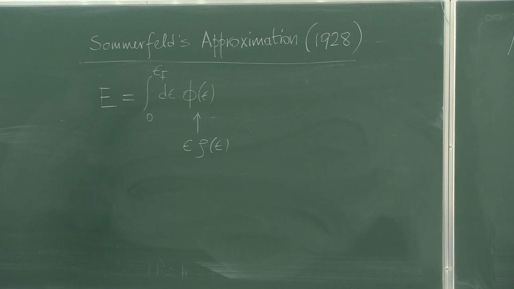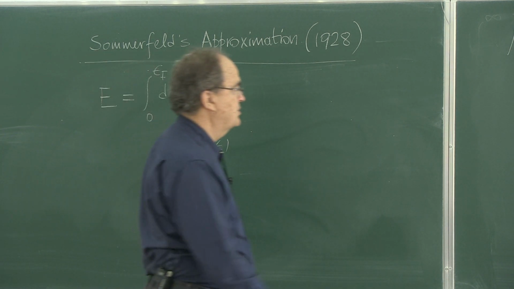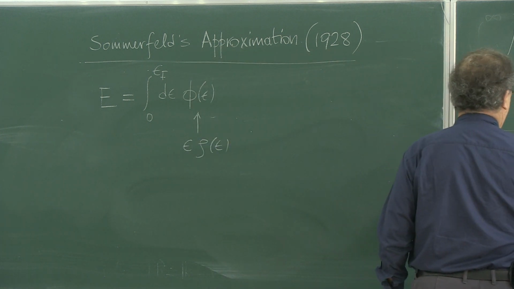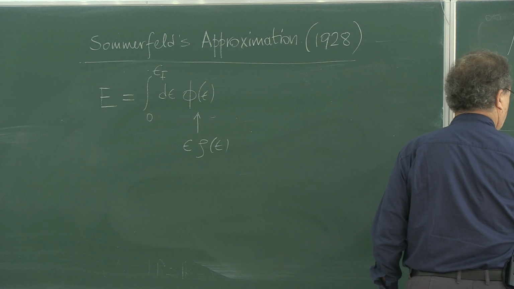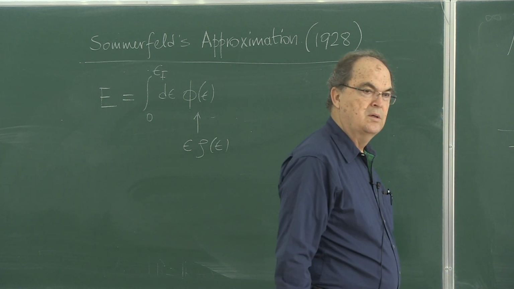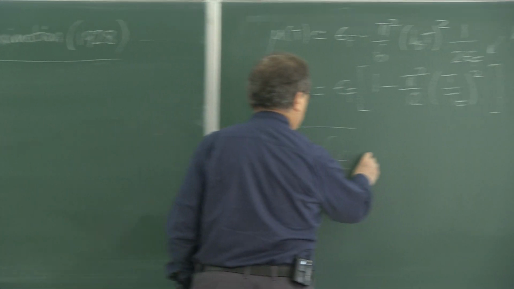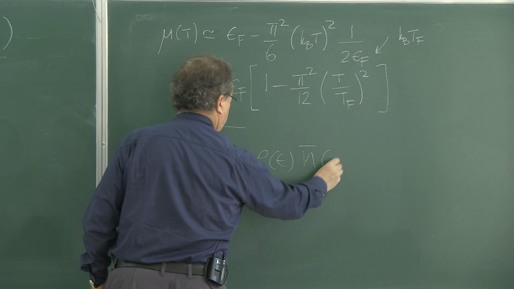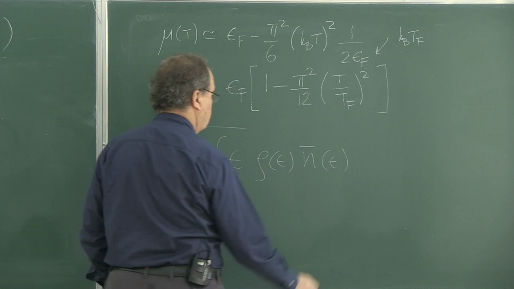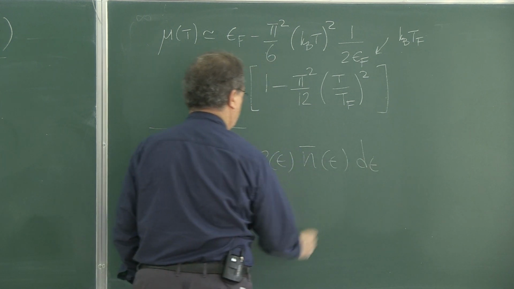You are taking average of energy. What is the average of energy? Well, average energy is, you take the energy, multiply it by density of states, multiply by Fermi-Dirac distribution function, and integrate.